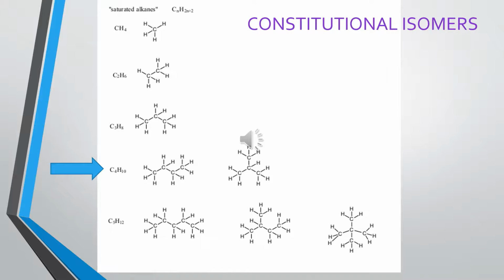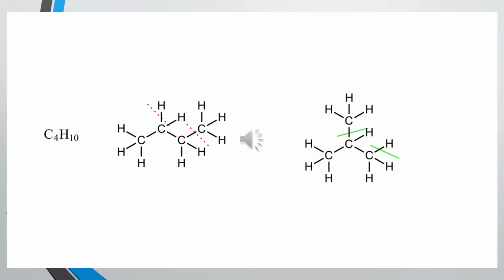And these are constitutional isomers, and how do we know that? We know they're constitutional isomers because in the case of butane, to interconvert the two structures, we have to break bonds on the left, the red dashed lines, and then move those atoms or groups, or really switch their positions and form new bonds on the right, the green lines.